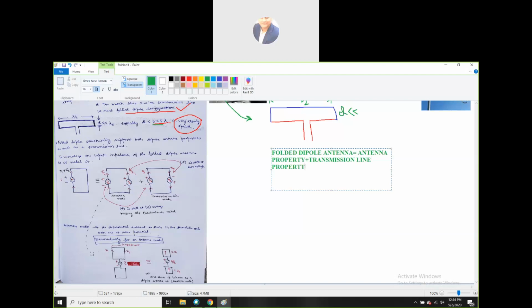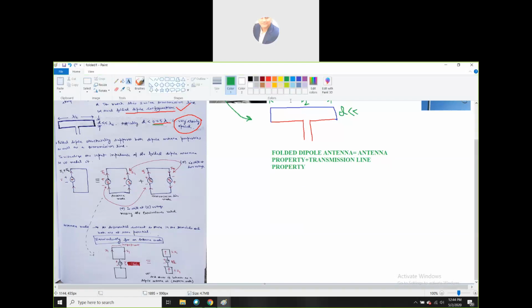What does it mean? A folded dipole antenna supports both properties. That means in one mode it will behave as an antenna, and in another mode it will also behave like a simple transmission line.